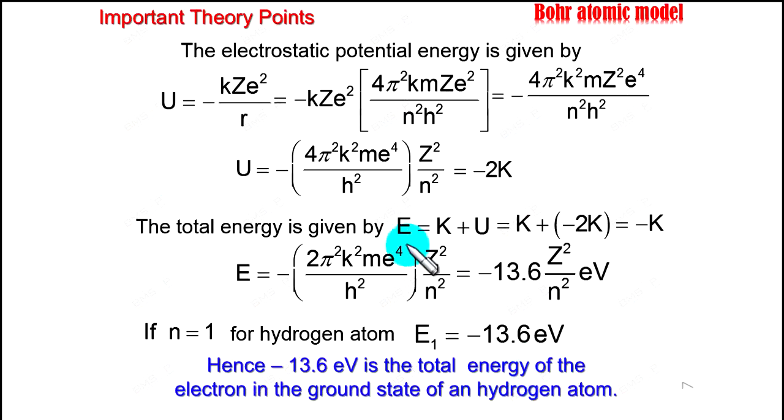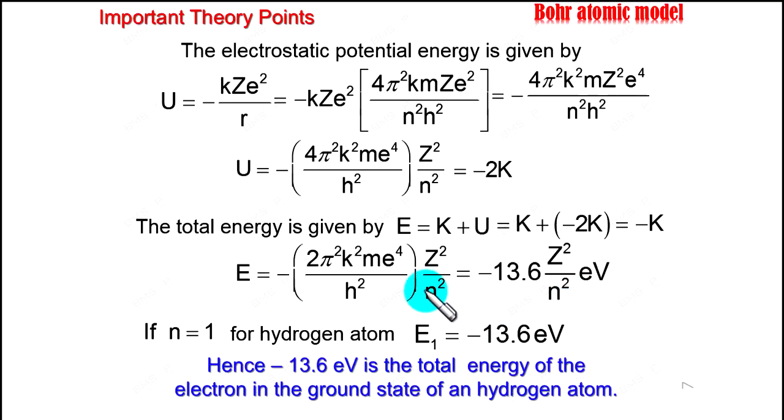Okay. So, we got the total energy relation. This is the total energy of the hydrogen atom or hydrogen like atom. For hydrogen atom Z equal to 1, for hydrogen like atom Z equal to 2, 3, 4, 5 etc. And for n equal to 1 means ground state, n equal to 2, 3, 4, 5 means excited energy state.